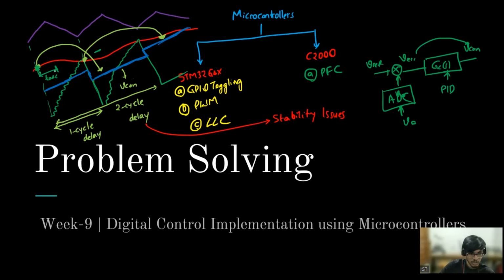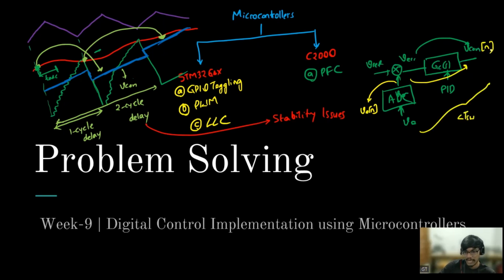My ADC has to compute in a fraction of TSW, and after V naught N is available, this V naught N is converted into VCon N, and this entire time should be less than TSW.